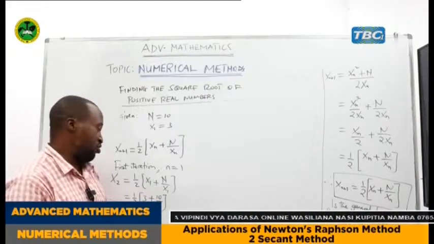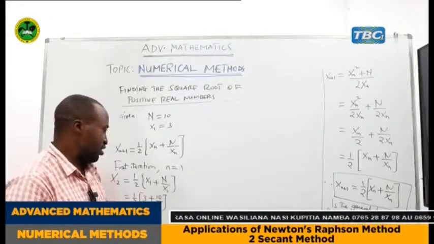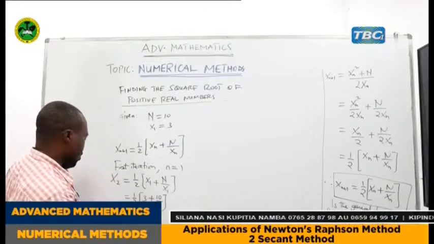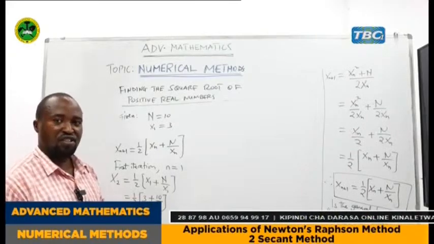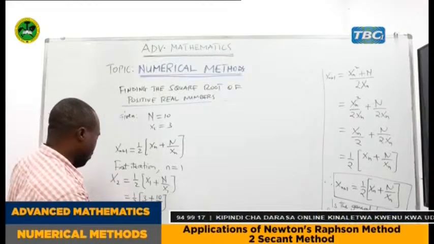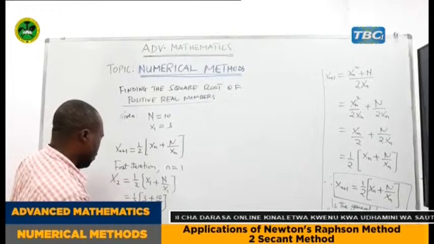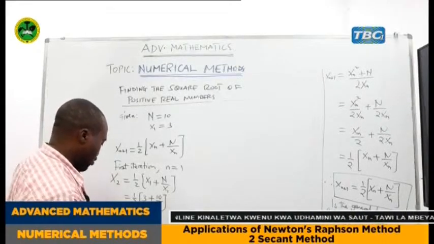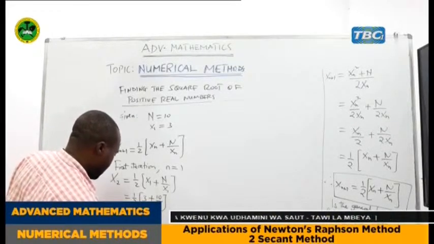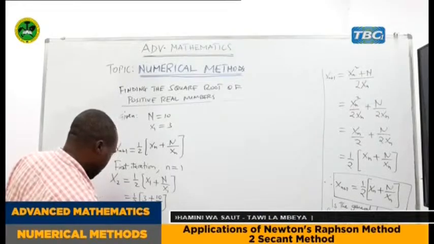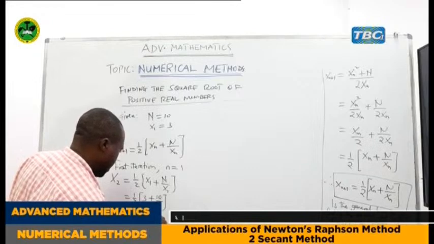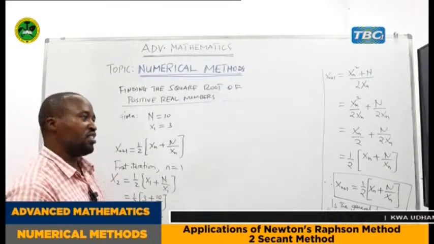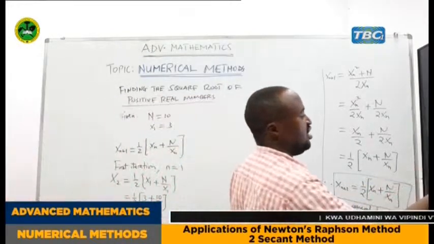So my dear student, you can use your scientific calculator to find x2. So just take your scientific calculator to get the value of x2. This is x2. So we are going to have this answer 3.167. Remember, question says to 3 decimal places.